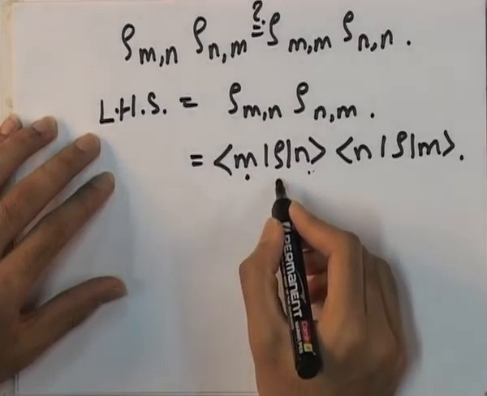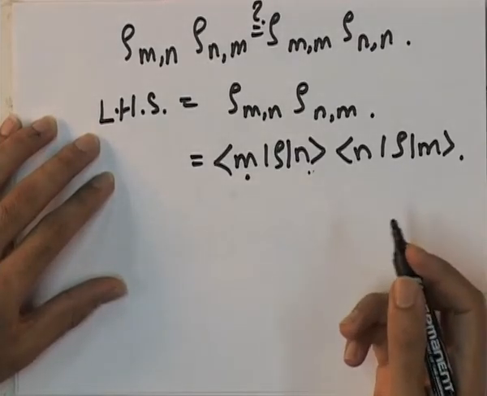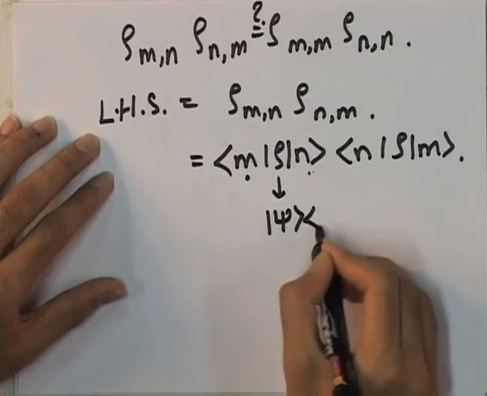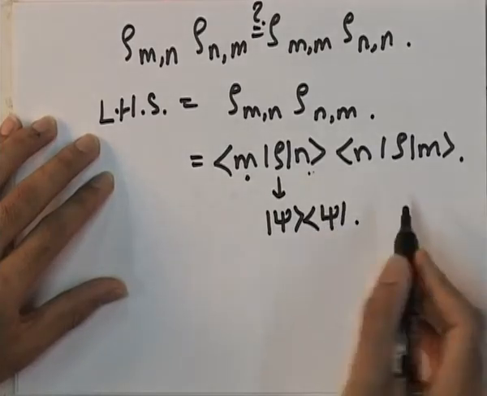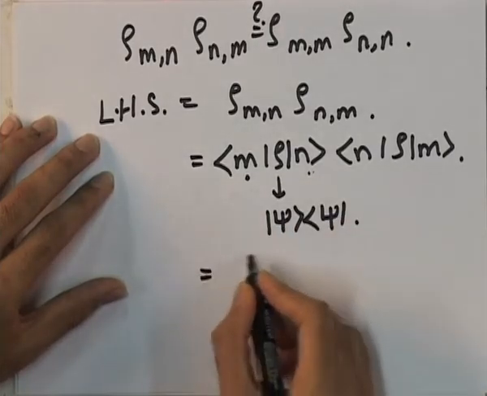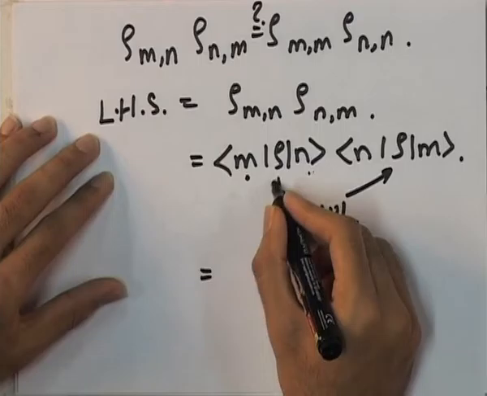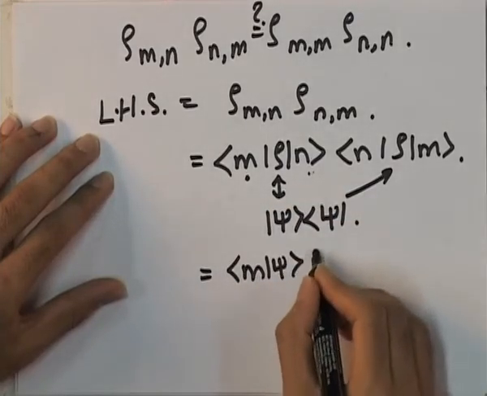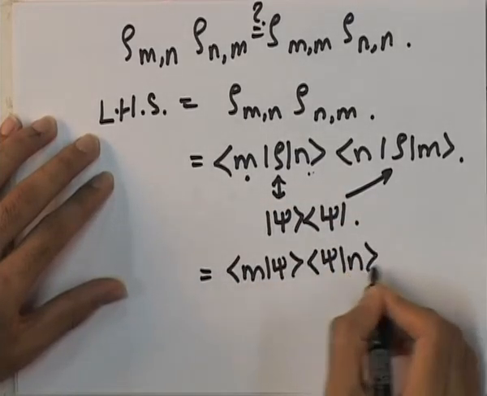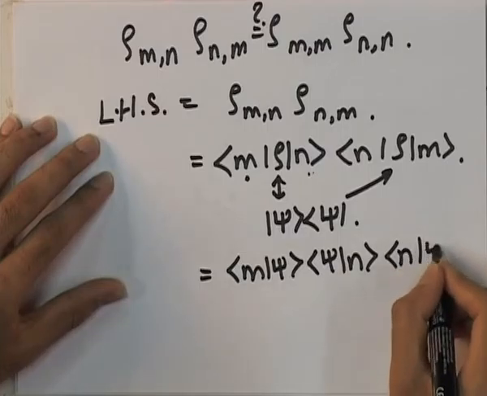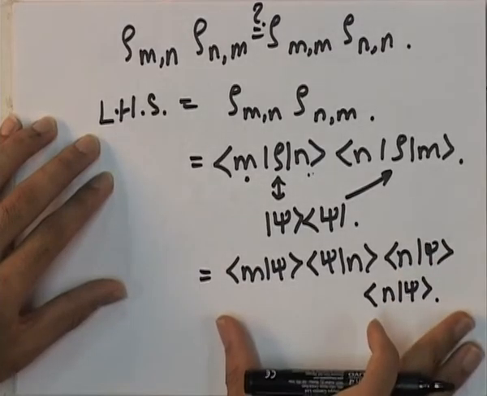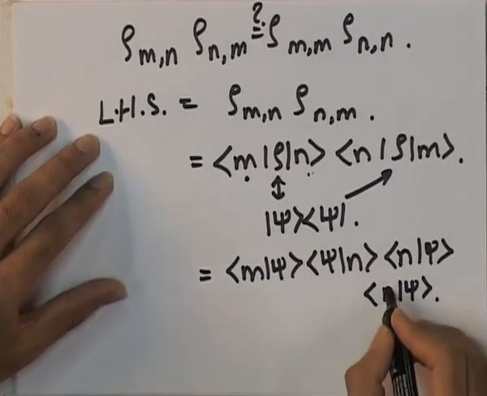Since we have to use the fact that this is a pure state, we can write rho as ket psi bra psi. If we substitute this in both of these, we get <m|psi><psi|n><n|psi><psi|m>.